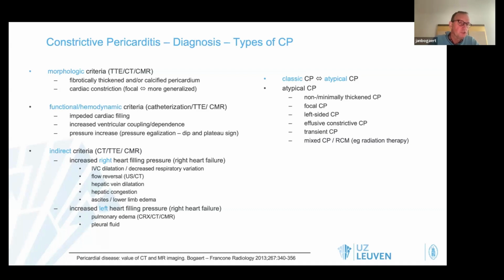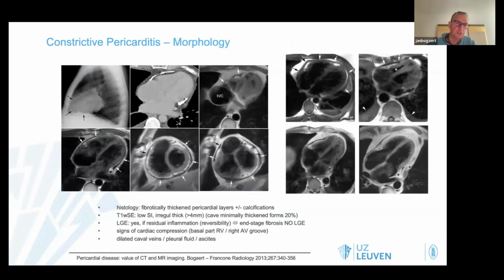And finally, we also have some indirect criteria pointing to increased filling pressures on either the right or the left side. Importantly, apart from a classic presentation, we also have several atypical presentations of constrictive pericarditis. Let me start with a classic example.